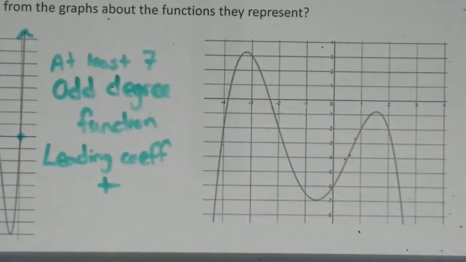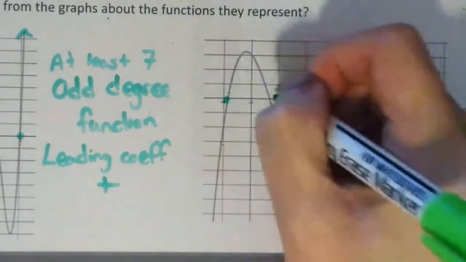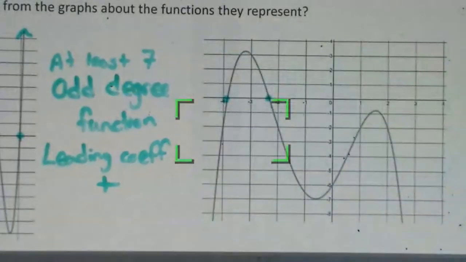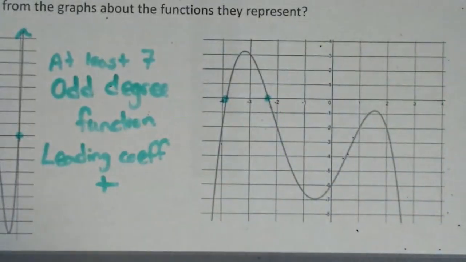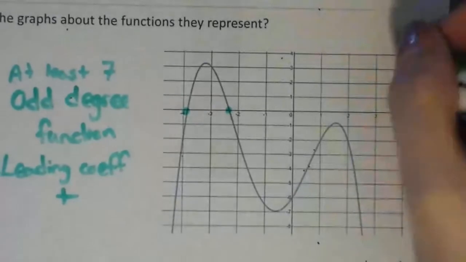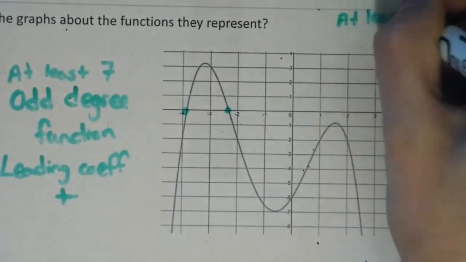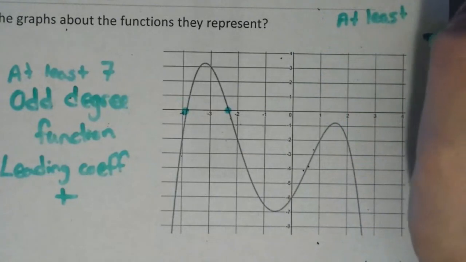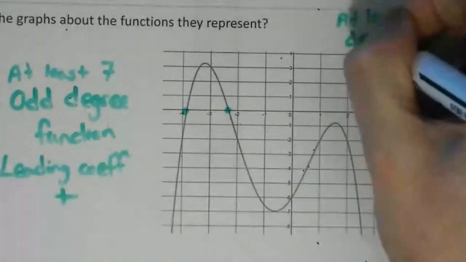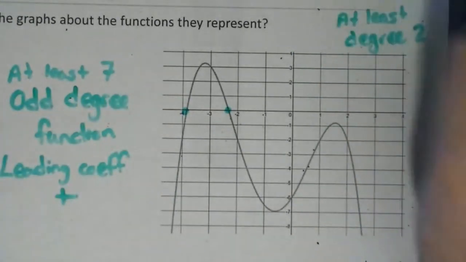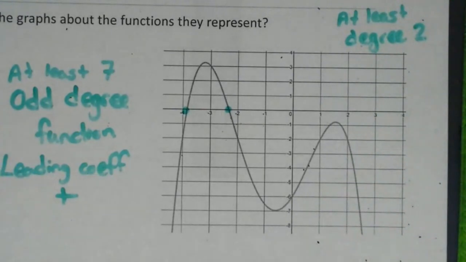Let's take a look at this other guy. So we have 1, 2 horizontal intercepts. So we have at least a degree of 2. Wait a minute.